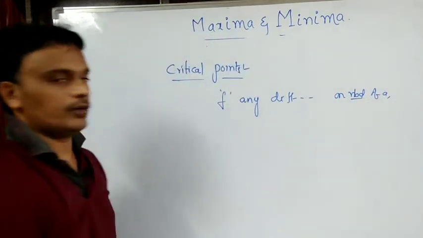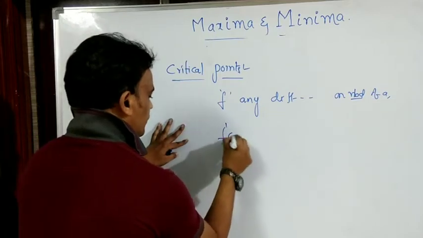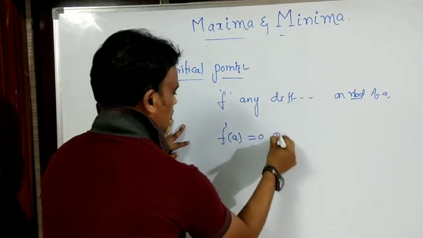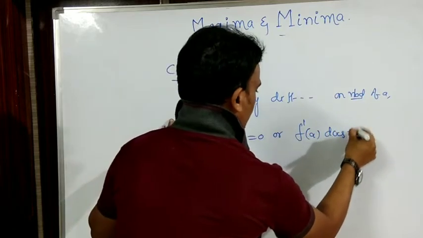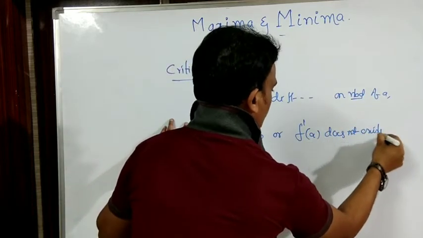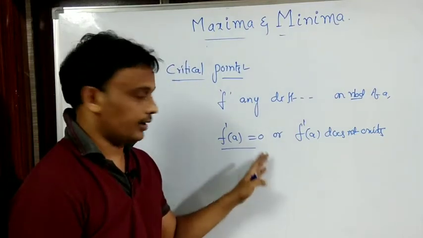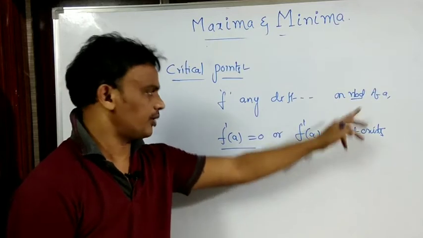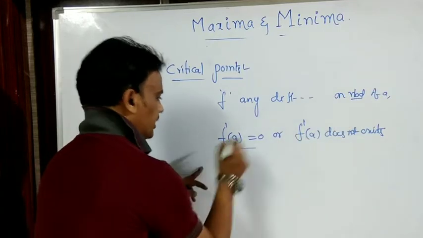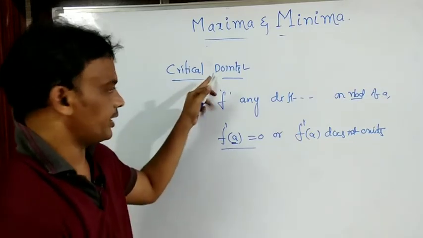The critical point is when f'(a) = 0 or f'(a) does not exist, either of the conditions. f'(a) equals 0 or f'(a) you cannot define, does not exist at that one particular point. Here I have taken that a, then the point a is called a critical point.